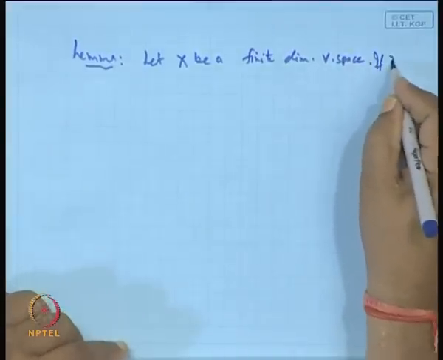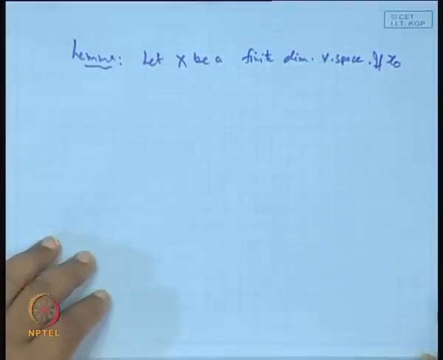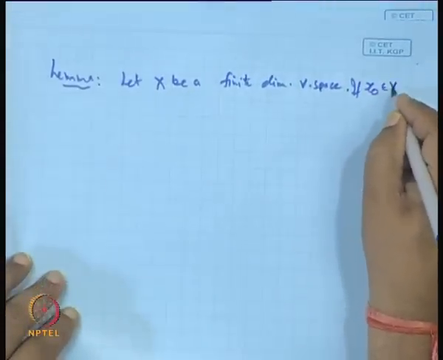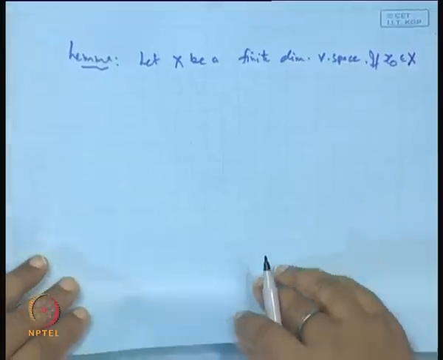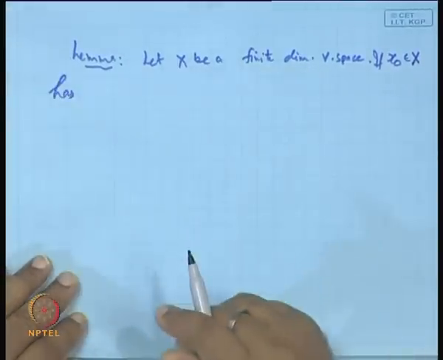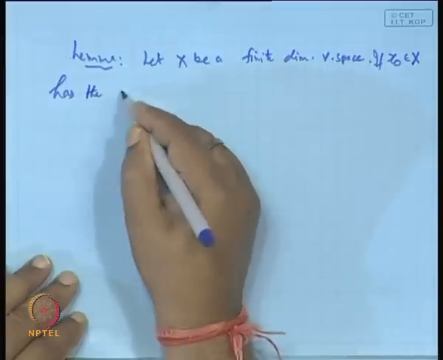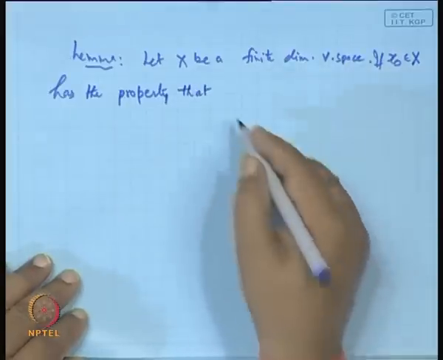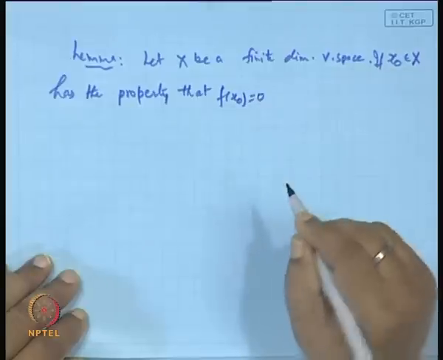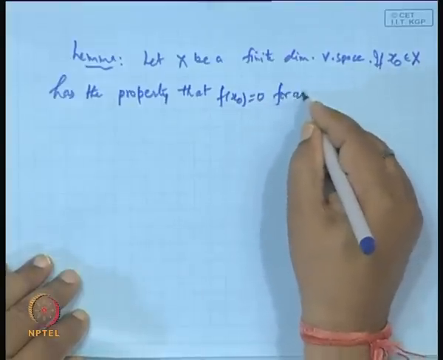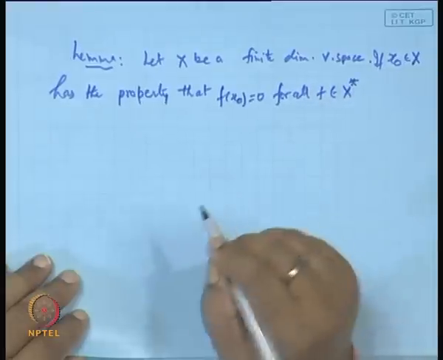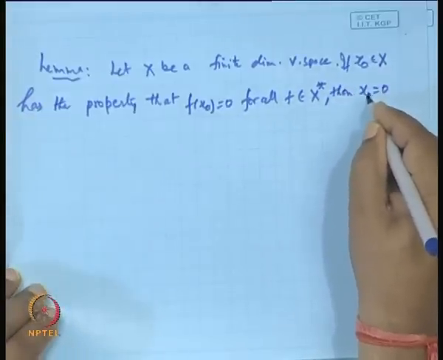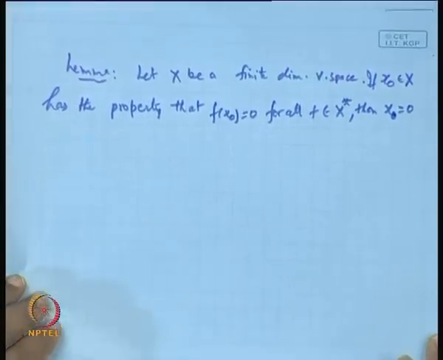If x naught belongs to capital X has the property that f of x naught is 0 for all f belonging to X star, then x naught must be 0.